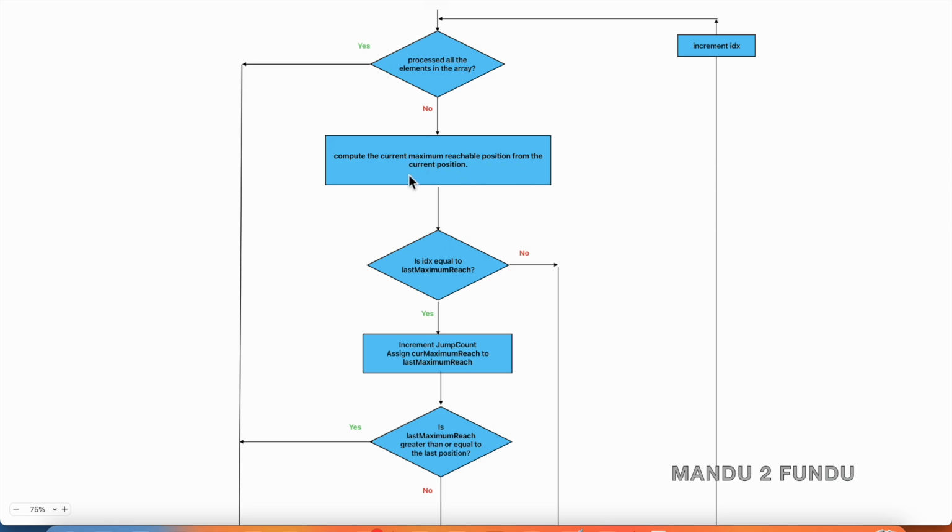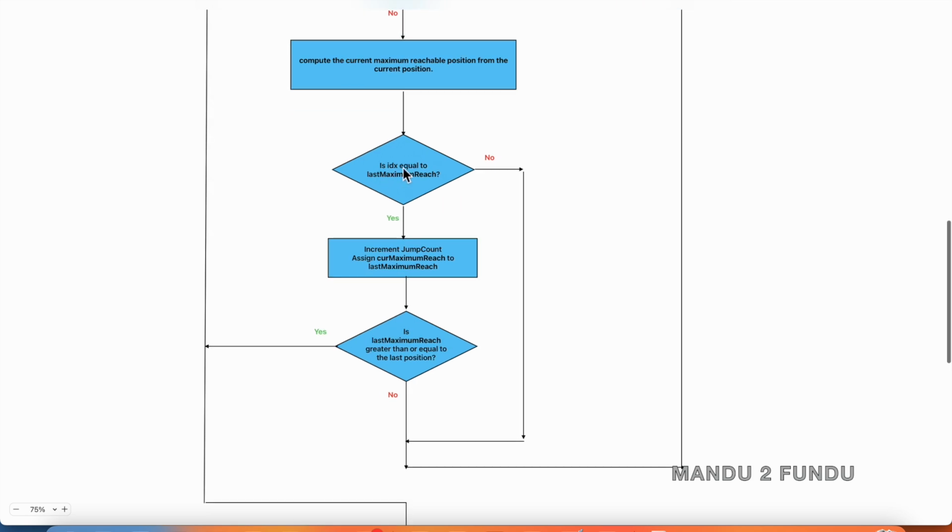Whichever is maximum we assign that, and then we check whether the current index is equal to the last maximum reach. So whenever we reach the previously computed longest reach, then we have to make another jump.